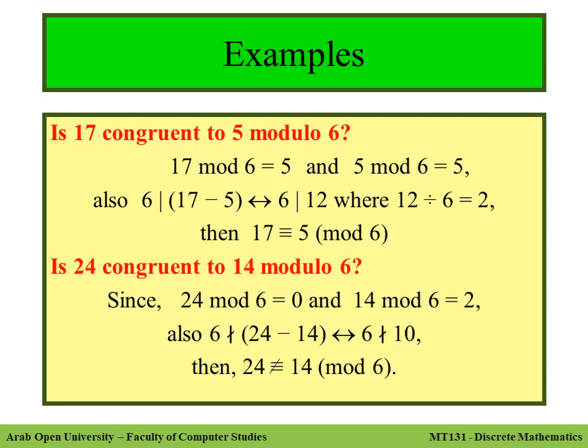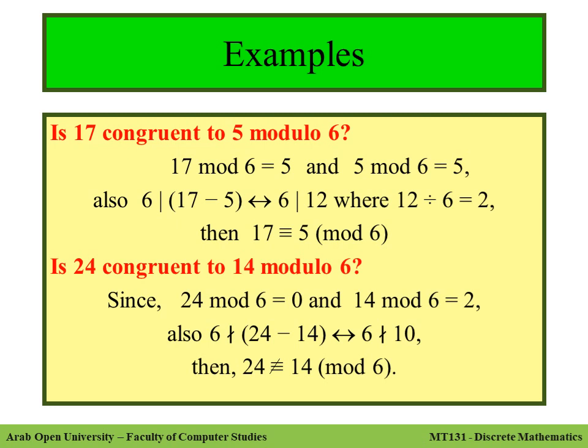Again, just like to show two integers are congruent, it is enough to show one of the conditions is satisfied. To show they're not congruent, it is sufficient to show one of the conditions is not satisfied.